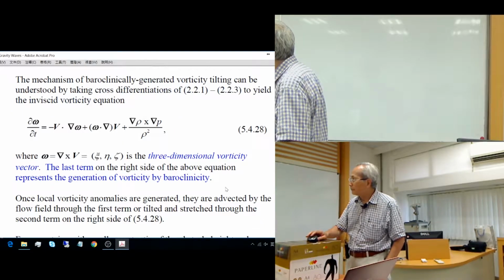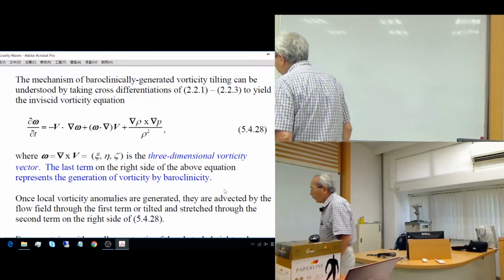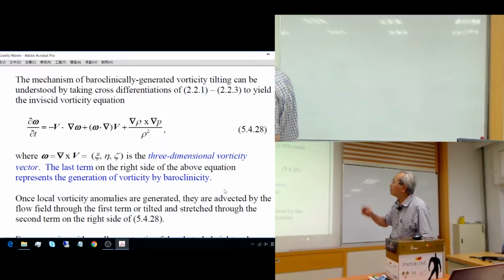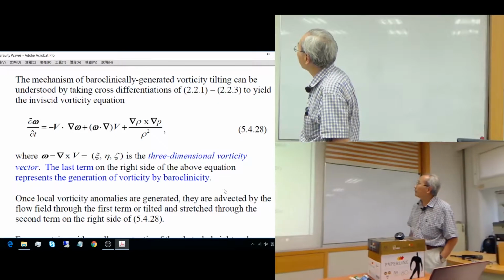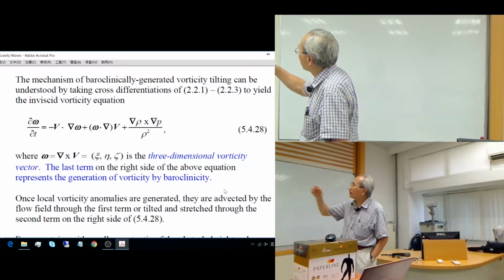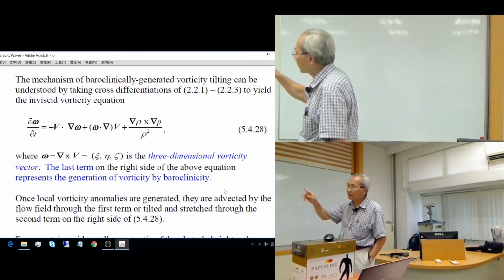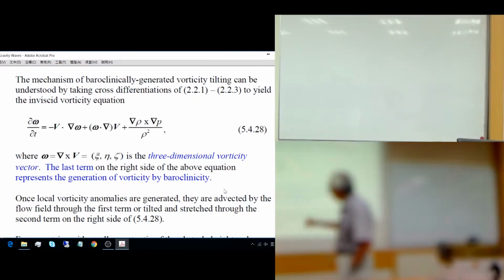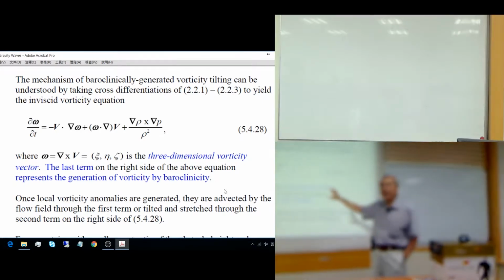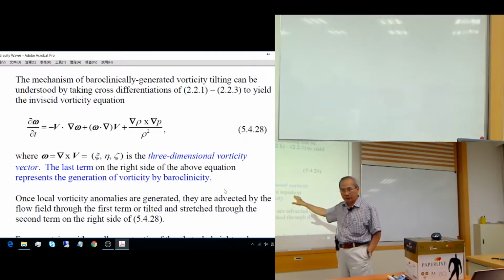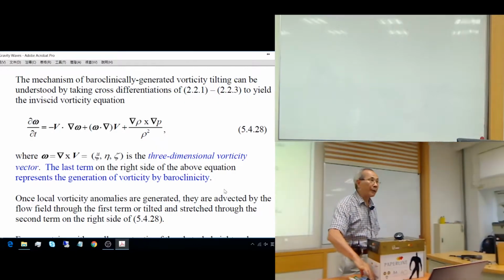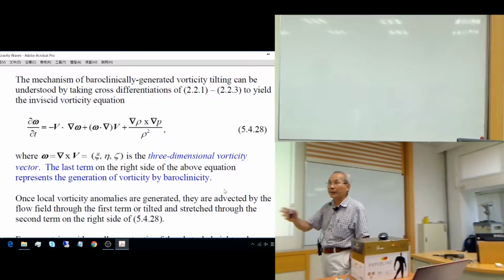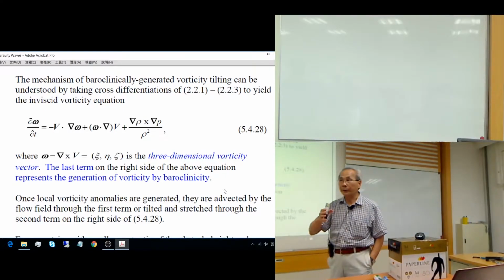Equation 5.4.28 is the three-dimensional vorticity equation, and this is inviscid. There's no friction. This is what Smolarkiewicz and Rotunno want, because they try to find the source of vorticity in an inviscid flow, frictionless flow.